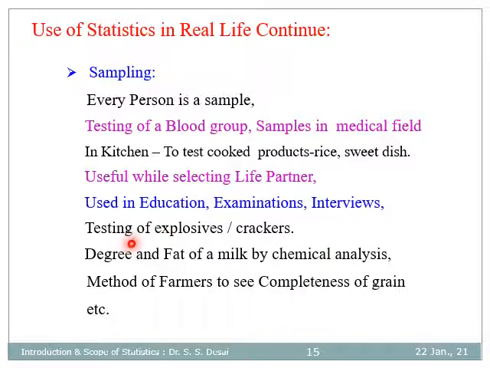Statistics is used in testing of explosives, crackers. Statistics is used in dairy to decide degree and fat of milk. Statistics is used in farming to see whether the grain has completed or not.